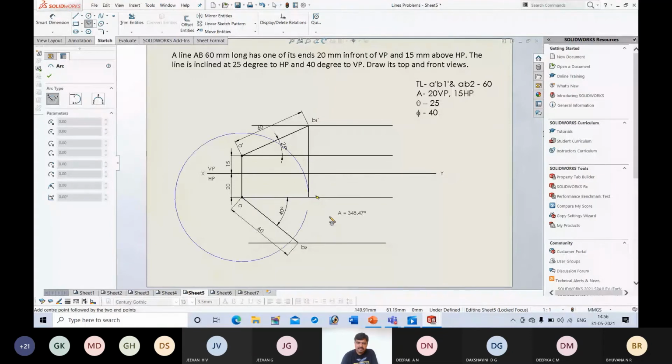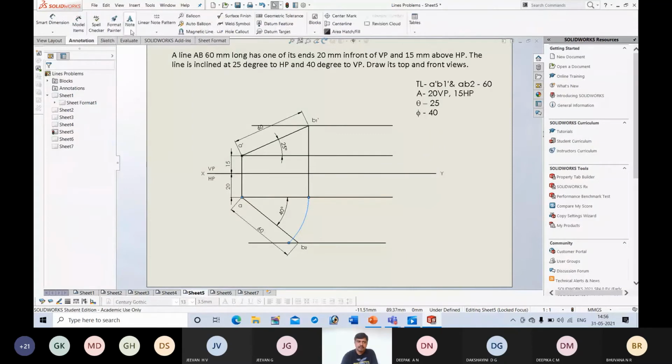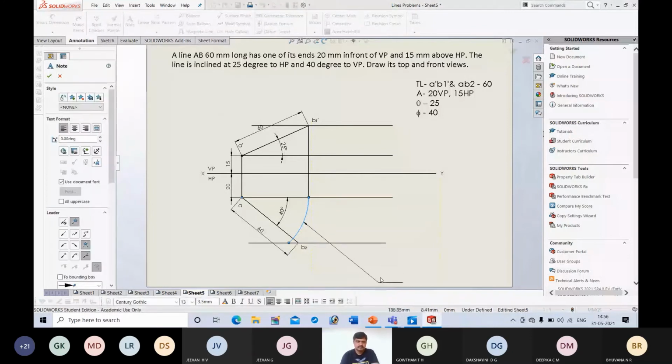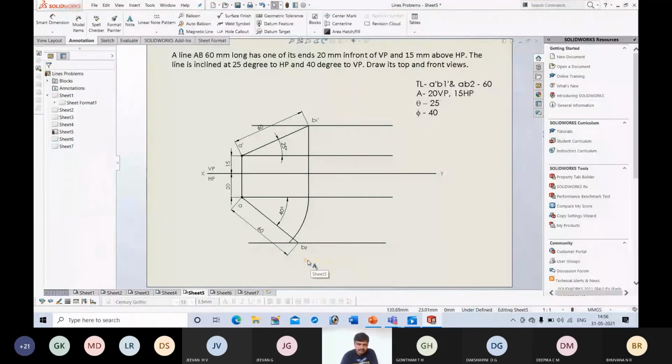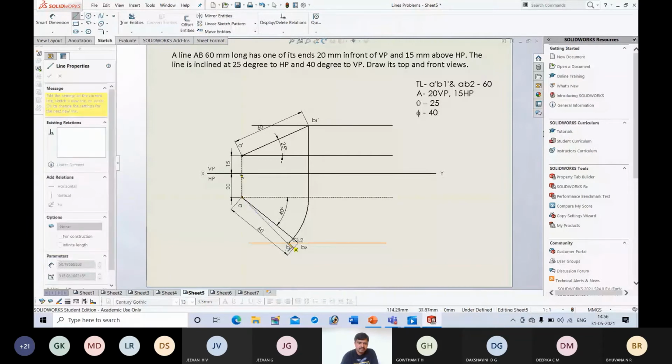So draw an arc till this point, till the locus of B. So this will give you point B. This is point B. Connect these two, this and this. So this is the top view, and this top view should be a thick line in the representation.